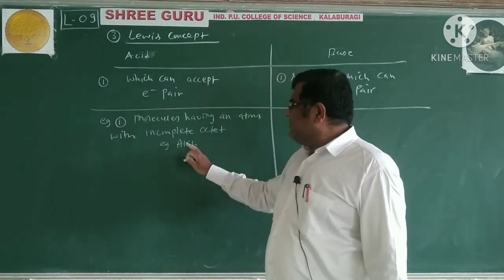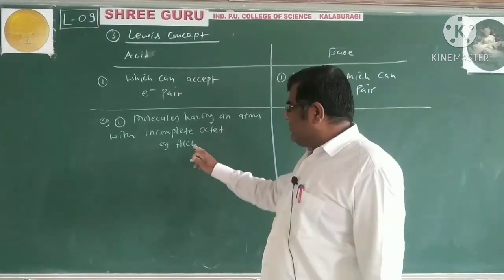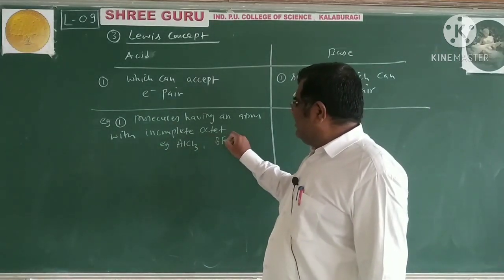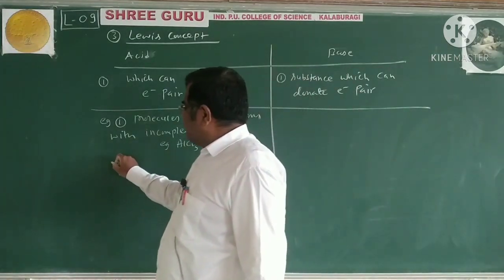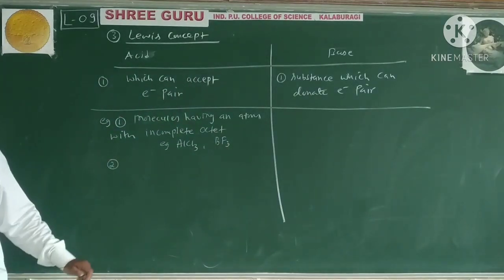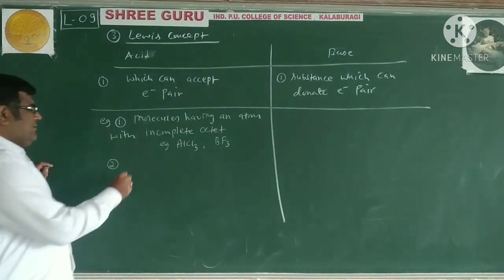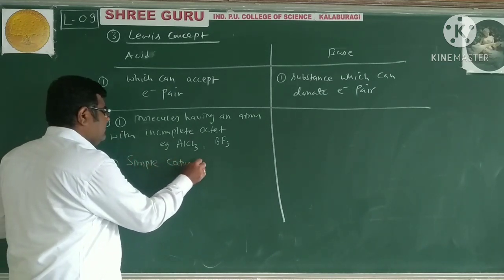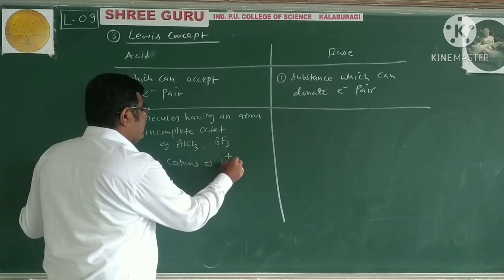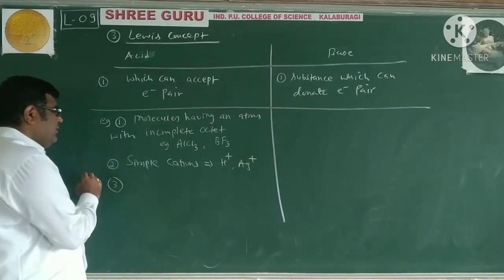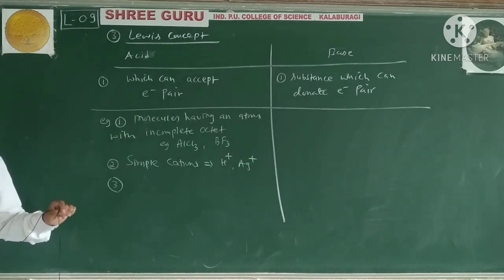AlCl3, aluminum has only 6 electrons around it because there are only 3 chlorine. And BF3, which also has only 6 electrons. First example. The another is simple cations. Like H plus, Ag plus, this also comes into this category.